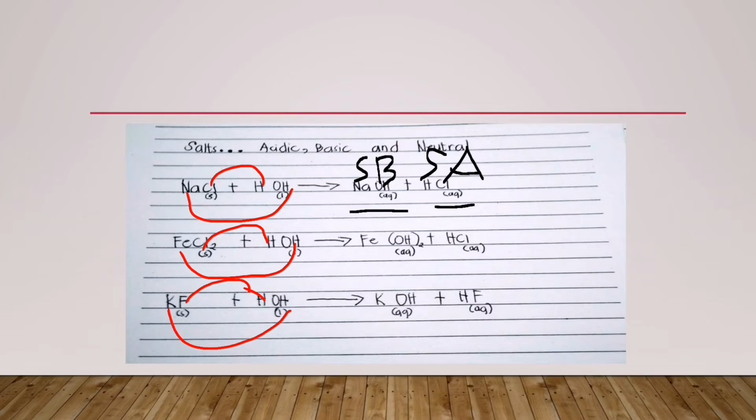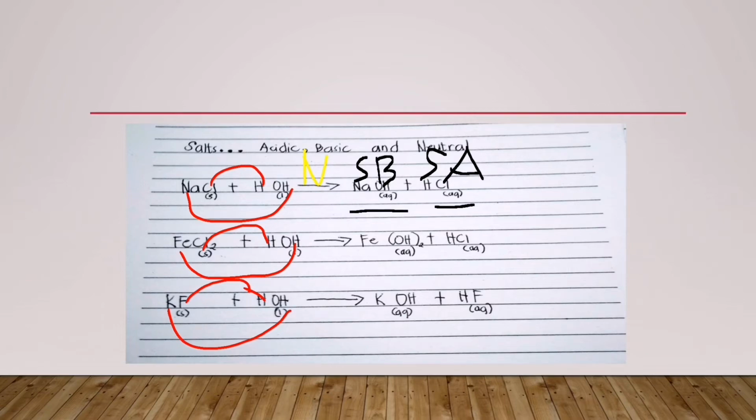When a strong base and a strong acid come together, they will form a neutral solution. So we'll put N here. Basically this salt solution is a neutral solution.